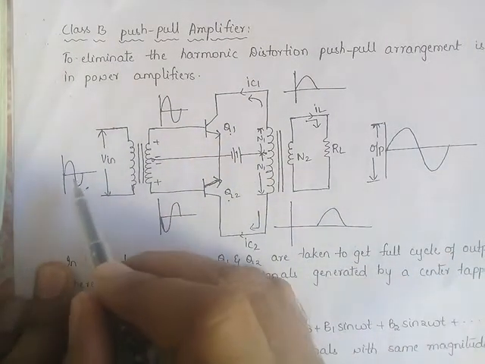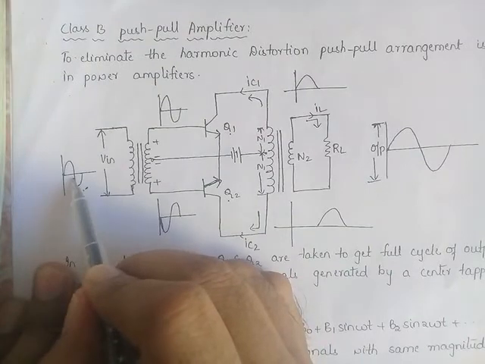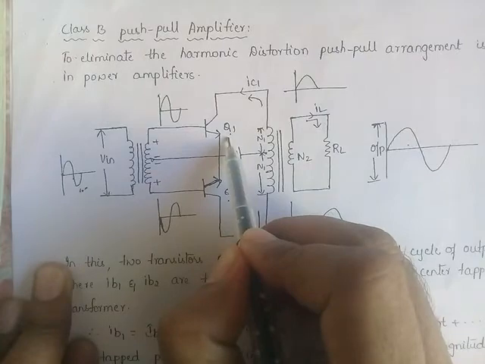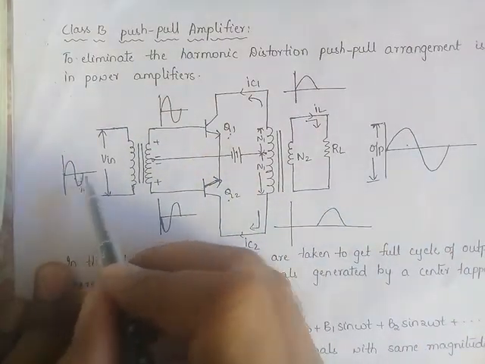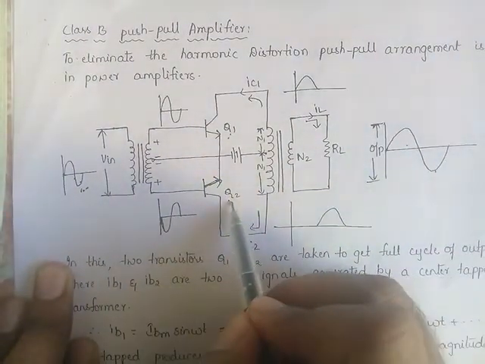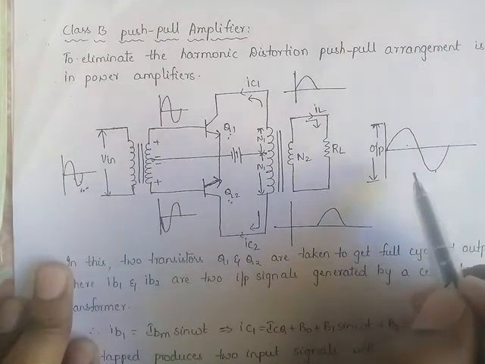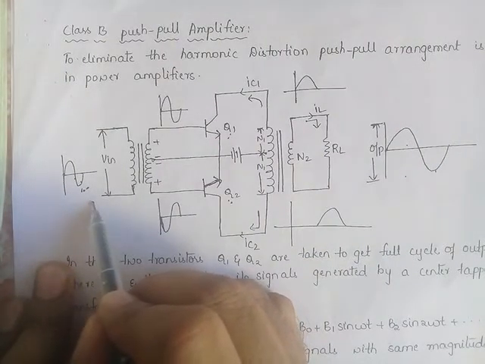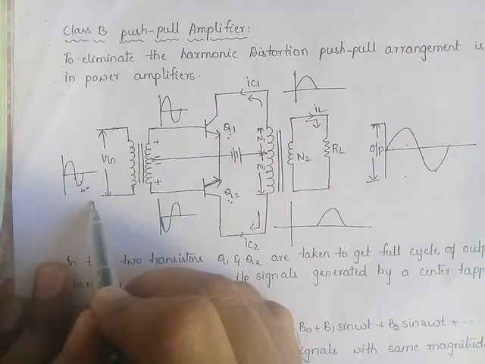So the positive peak at the output is produced with the help of the Q1 transistor, and the negative peak will be developed with the help of the Q2 transistor. So at the output we are getting the total full cycle, the same as the input signal. This is one advantage of the push pull connection.